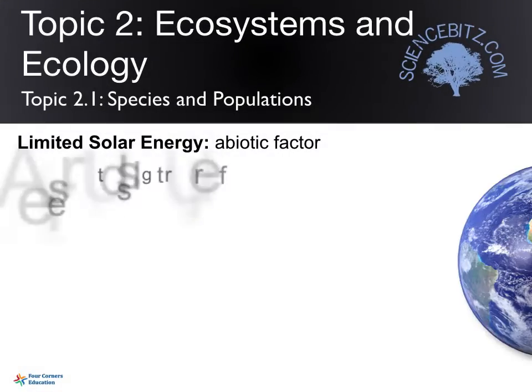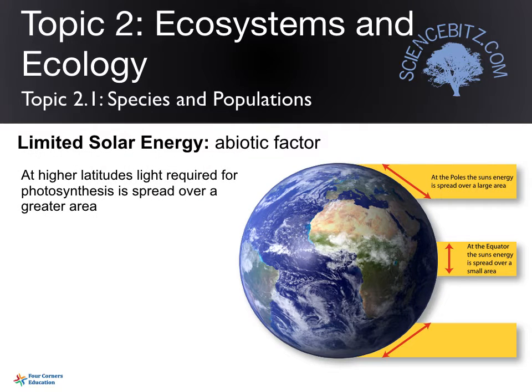So our first thing is to think about abiotic factors again. And our main limiting factor is actually the amount of sunlight that falls. And one of the things is that at high latitudes, so near the poles, the amount of sunlight actually entering the ecosystem is much lower because it's spread out over a much bigger distance. You can see that the diagram represents the idea of this. So at the equator, the same amount of sunlight is spread over a smaller difference because of the curvature of the Earth.